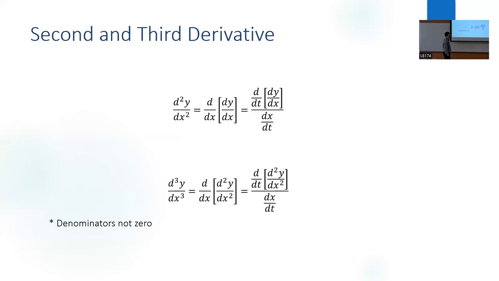Just like when we were dealing with rectangular coordinate systems, the second derivative is really the derivative of the first derivative. And the third derivative is the derivative of the second derivative.